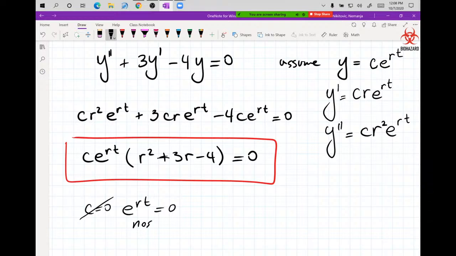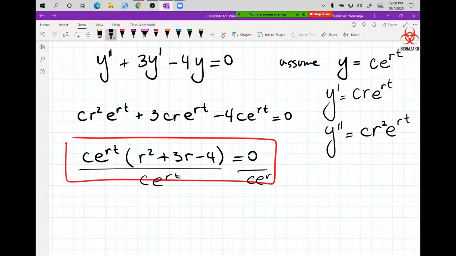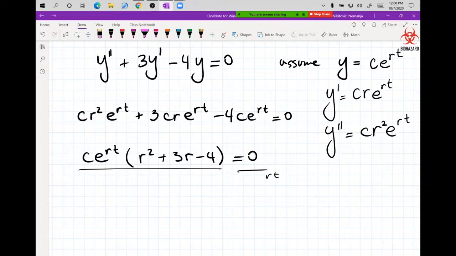The only thing you can look at is the characteristic equation. That's why when you divide both sides by c e to the rt, the right side still stays 0, and on the left-hand side you only have the characteristic equation. So that's where the characteristic equation comes from, and that's why you can jump immediately from your differential equation into this.